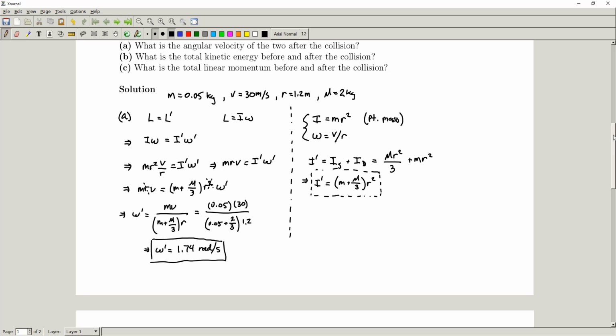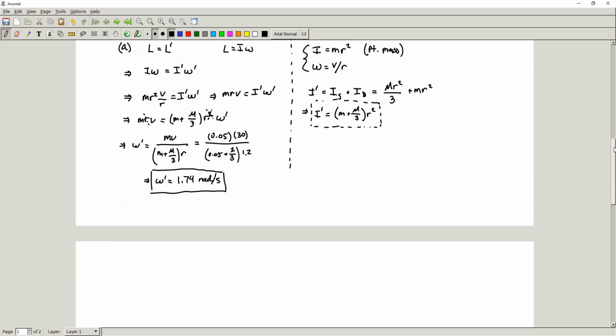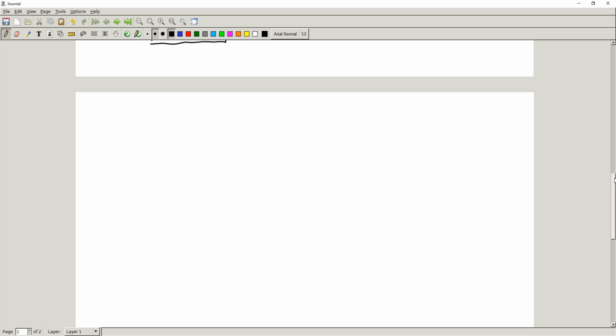In part B, we want to calculate what the total kinetic energy before and after the collision are. So let's do that. I have numbers worked out here. Initially we're going to have the initial kinetic energy. Only the disk is moving initially, so we expect that all the kinetic energy is going to be translational kinetic energy, right?